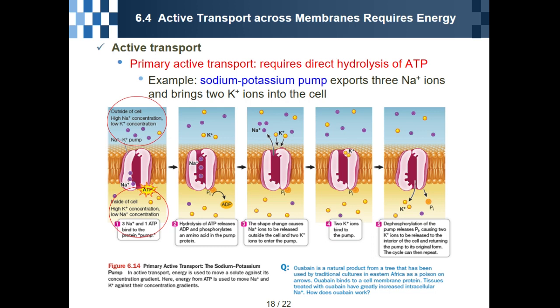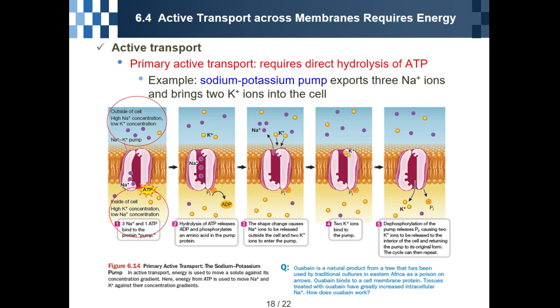For example, this is natrium, this is Na plus. The concentration of Na plus inside is very low, but outside it is higher.